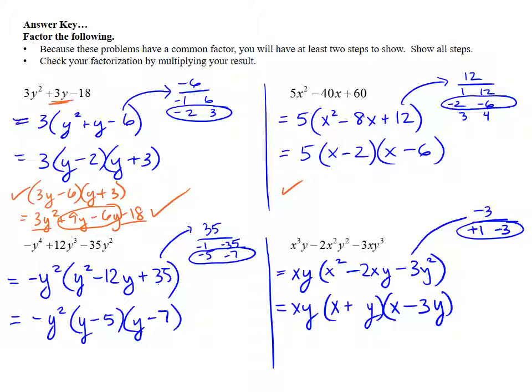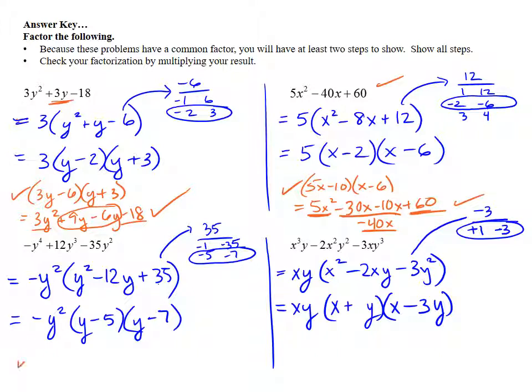Again, 5 times x minus 2, 5x minus 10. Multiplied by x minus 6, FOIL that out, 5x squared minus 30x minus 10x plus 60. The middle terms do add up to negative 40x, and so we have positive 5x squared minus 40x plus 60, which is exactly where we started.